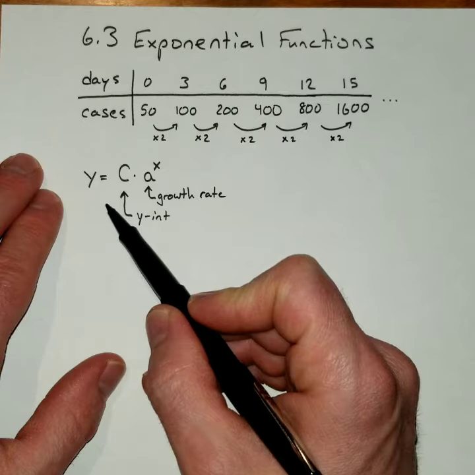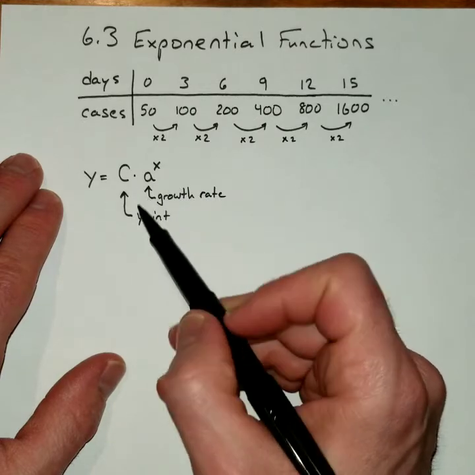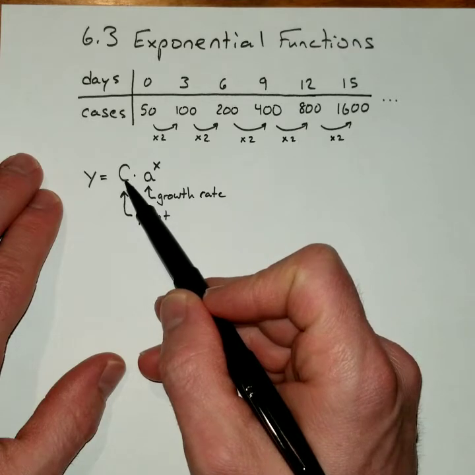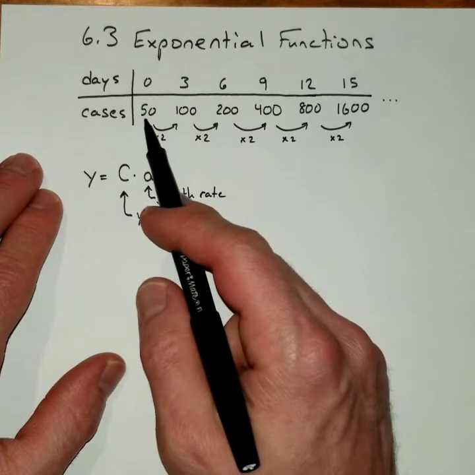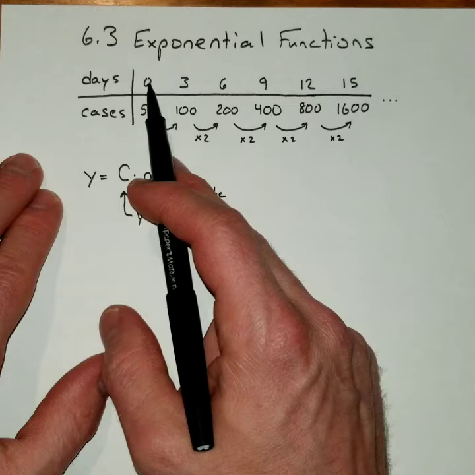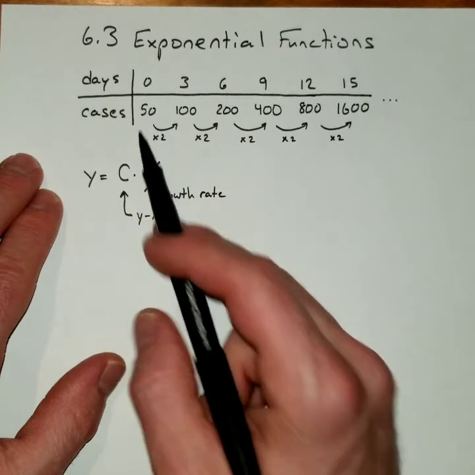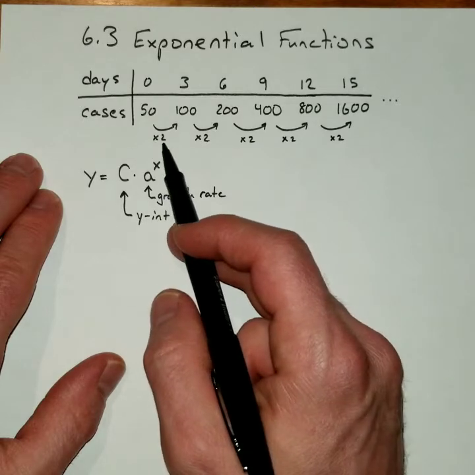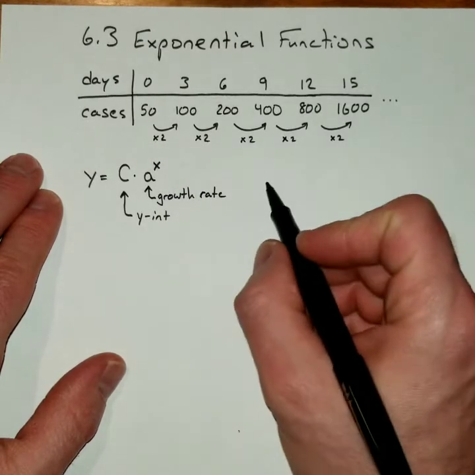And so in the example of the coronavirus, the y-intercept, which is our initial value here, was 50. That's where the x value, or the days, is 0. And then the growth rate is this doubling, so it's a 2.